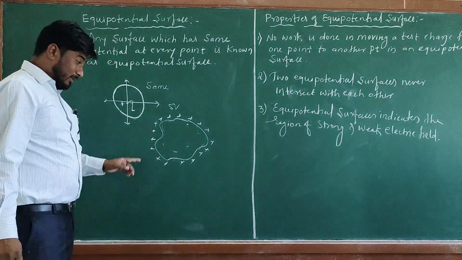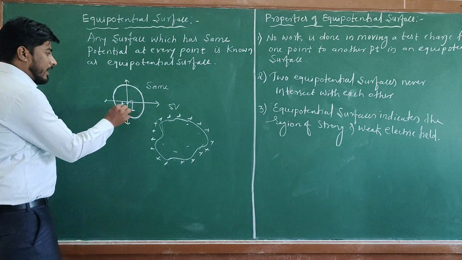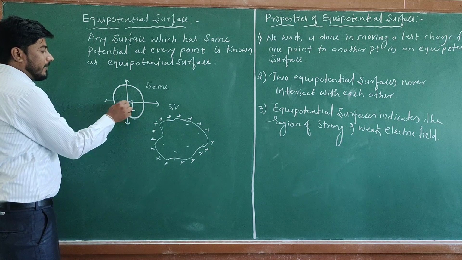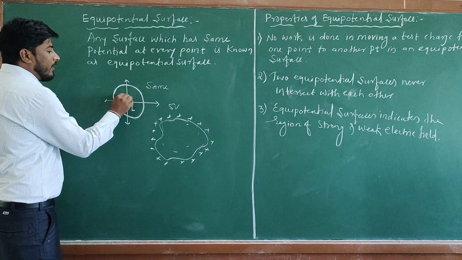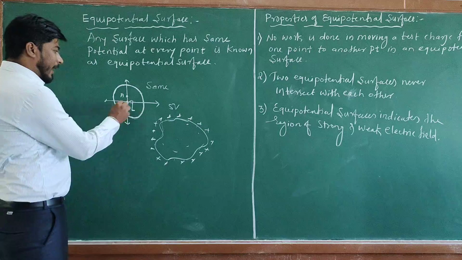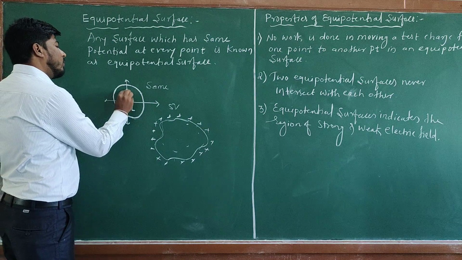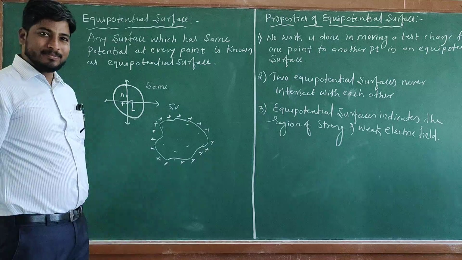Here we have a diagram. If I consider the electric field at this point, say at point A, I will get the strong electric field. As I move, the electric field goes on decreasing.